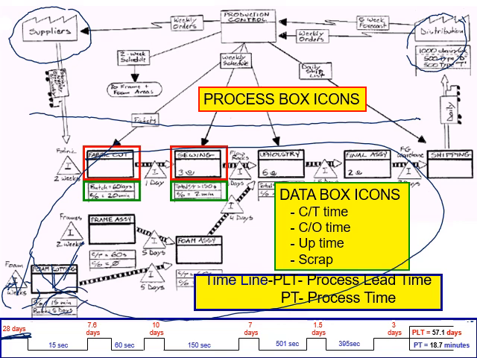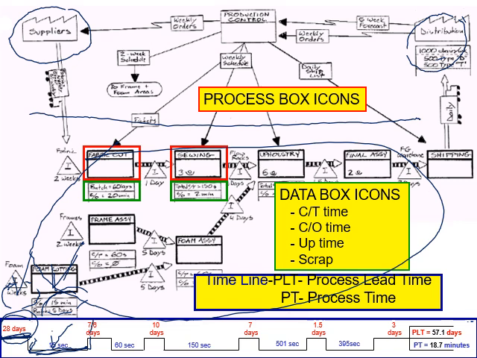It takes 15 seconds to produce one item. So here we spent 15 seconds. So imagine that the very last part here has been sitting waiting for 28 days, and then it is processed in 15 seconds.